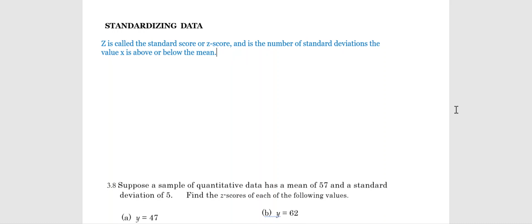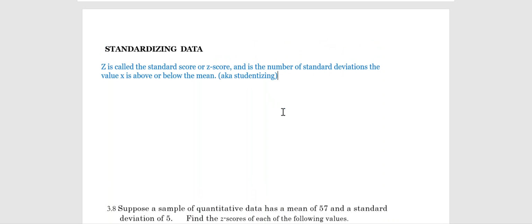So I'm going to write the equation for this to try to help you out. But just as a little note, this is also called studentizing, which I think is hilarious. It seems a little weird the first time you see it, but I'm going to now write the equation for this.